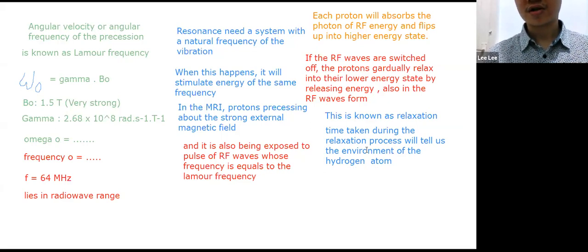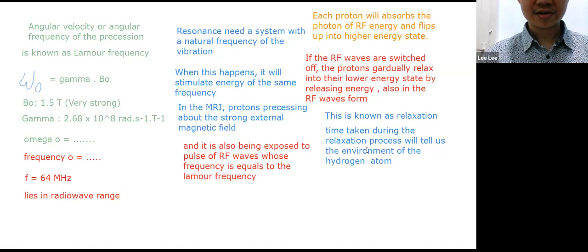Do you understand why you need to undergo resonance? Because by allowing it to undergo resonance, by allowing it to go against a stronger field, you have a chance, when you switch it off, for it to come to a relaxation state. So during this relaxation state, we need to note down the time taken. How long does it take, so you can identify if it's a healthy tissue or not?